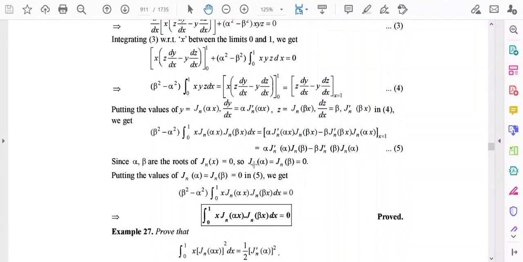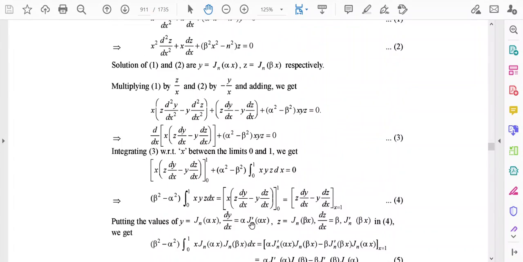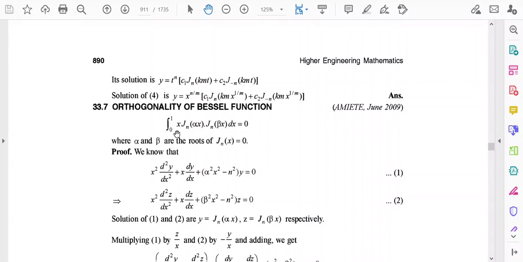So the left hand side must be 0. Beta squared minus alpha squared is constant. So ultimately we can show that the integral from 0 to 1 of x Jn(alpha x) Jn(beta x) is equal to 0. So we have already proved our question, that the integral from 0 to 1 of x Jn(alpha x) Jn(beta x) dx is equal to 0. This relation is known as the orthogonality relation of Bessel's functions.